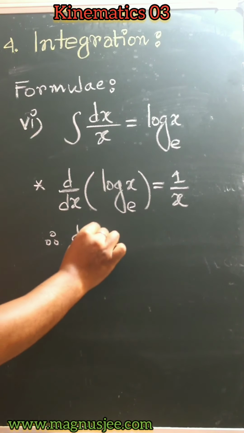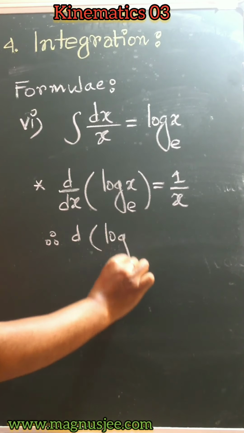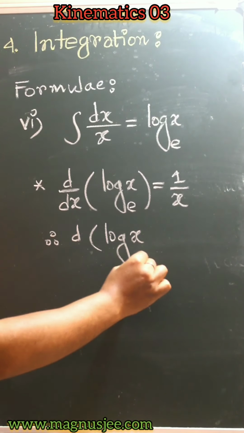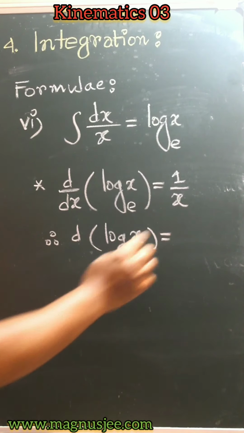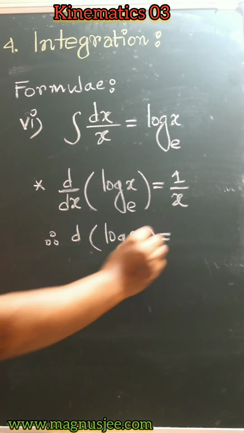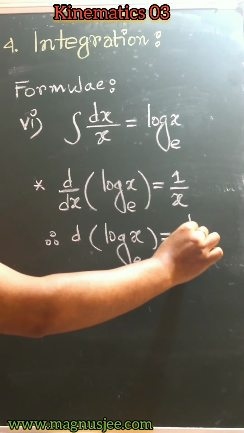Therefore, d of log x base e equals dx by x. Dx will move to the right hand side, dx by x.